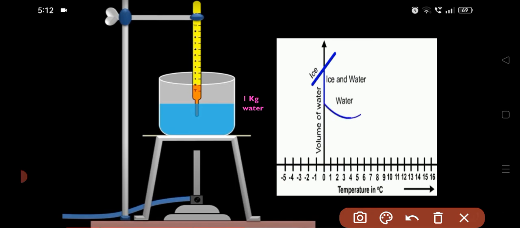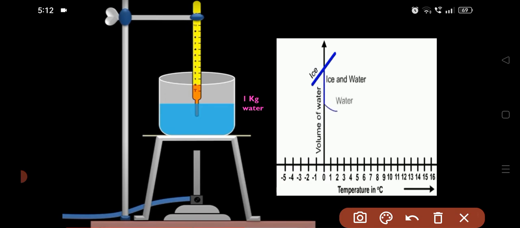Then at 4 degrees Celsius, at this point, the volume is minimum, and after this again the volume will start increasing. If it goes to 5, 6 or 7 degrees, the volume will again increase.